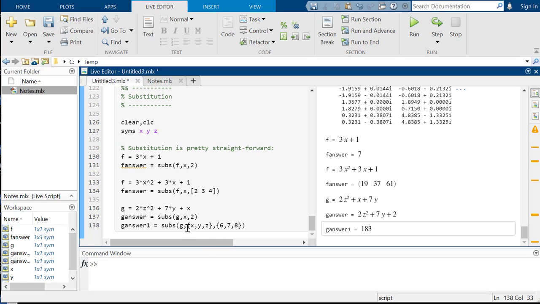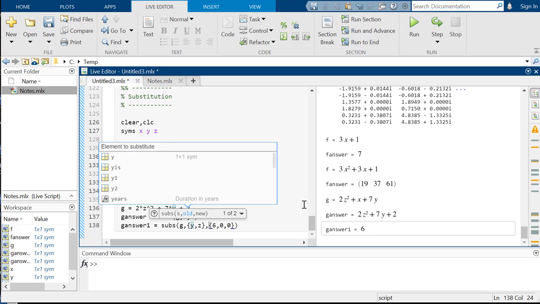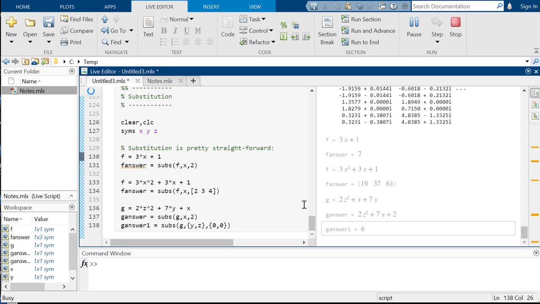So what you can see it's done is it's put in x for 6, y for 7, and z for 8. And if that's too hard to see, you can plug these in for 0 and 0. So if everything but x is 0, then it should be x. And so that works. I could even take out the x if I wanted. I could just say, what if y and z are 0? What do I get? And it says, oh, you get x.